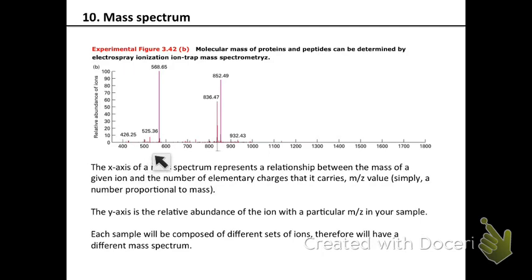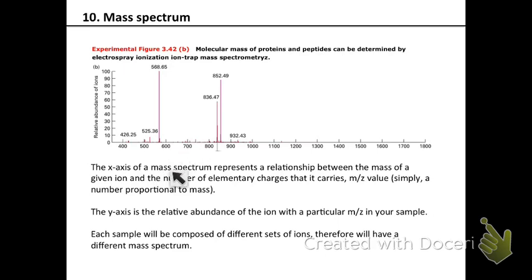So, for example, in this example, in your sample there was a peptide or a protein of 565 mass value that was very highly abundant. And then you had some other peptides, for example, at 700 mass value that was less abundant, right? Does that make sense? All right.